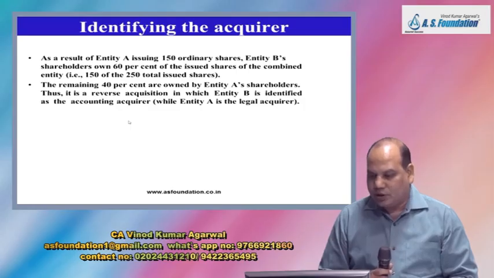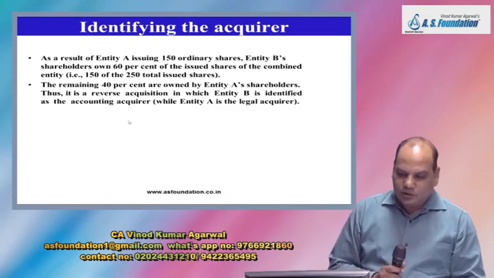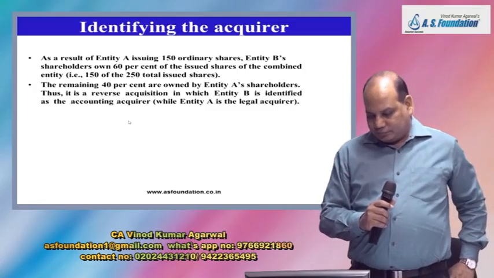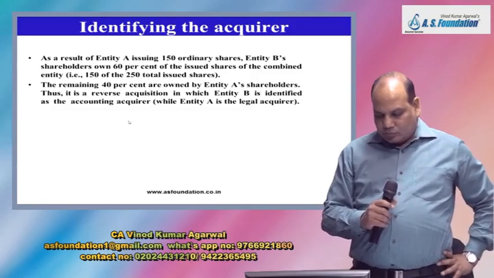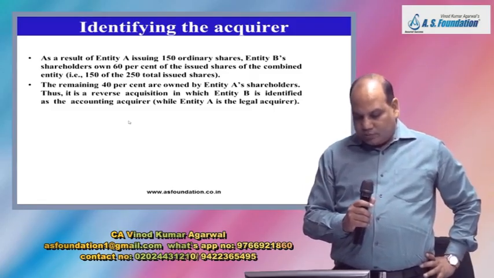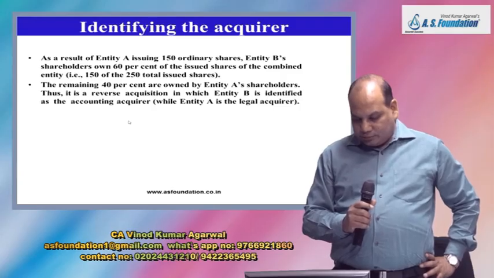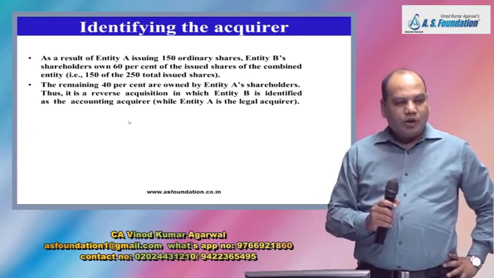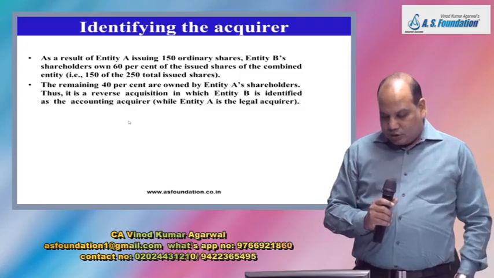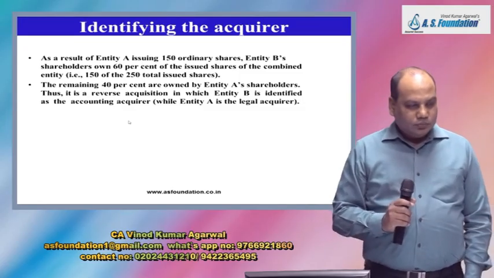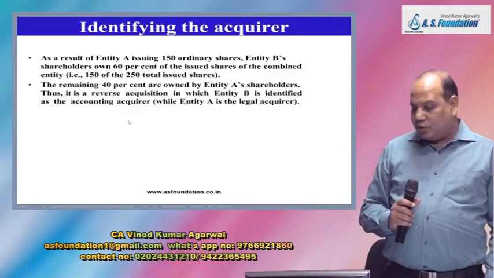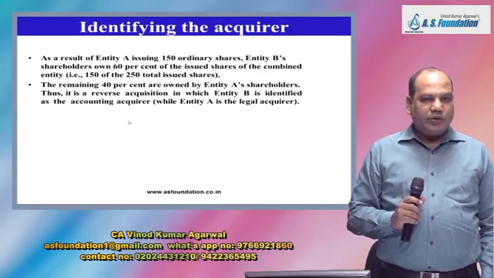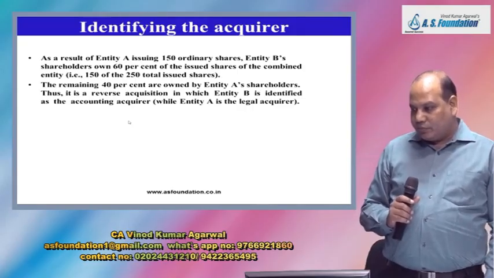Write down: as a result of entity A issuing 150 ordinary shares, entity B's shareholders own 60% of the issued shares of the combined entity.